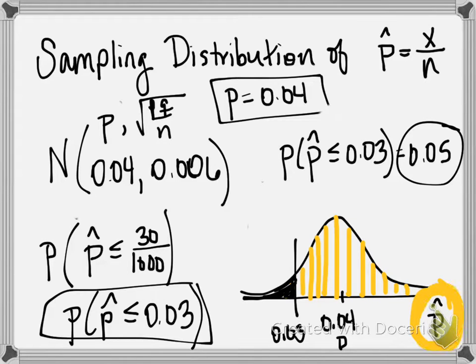This is the sample proportion out of 1,000. So this is like using percentages instead of x values, instead of successes. But it's pretty much the same thing. We're basically just dividing everything by n.